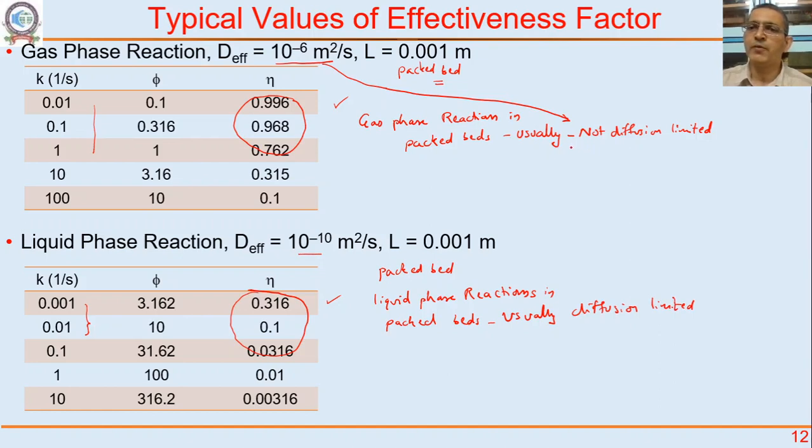Gas phase not diffusion limited means effectiveness is almost 1. Liquid phase means effectiveness is far less than 1, 0.3, 0.1, 0.03, even if the reactions are slow.